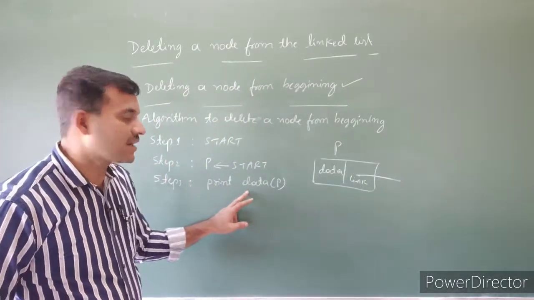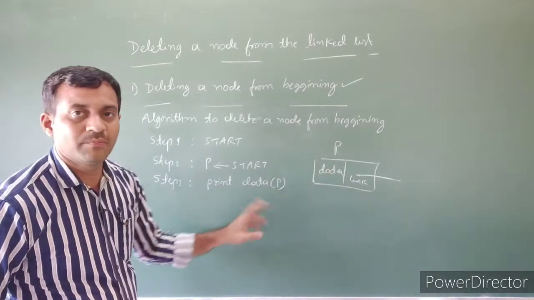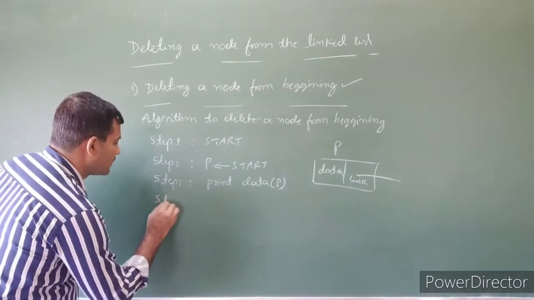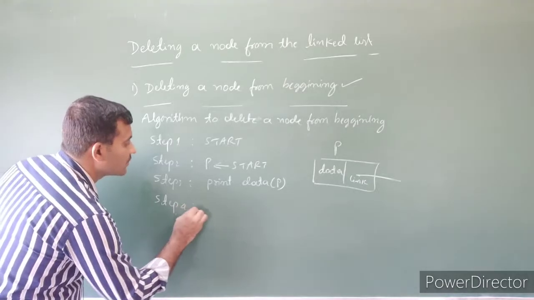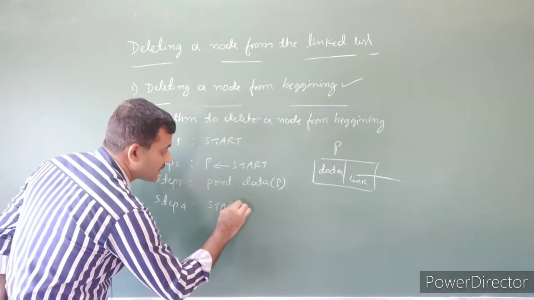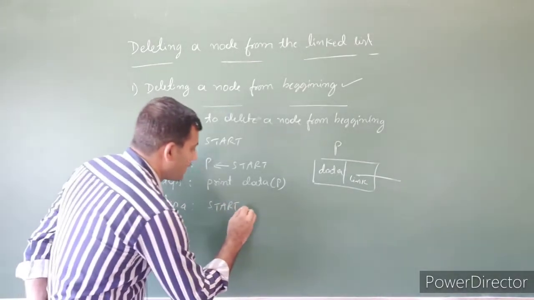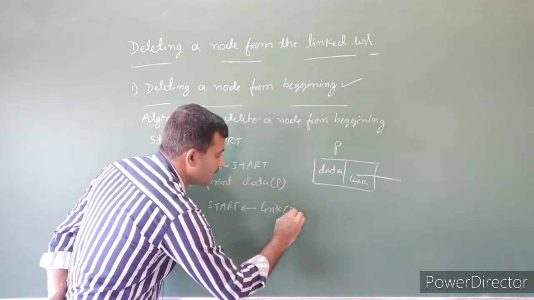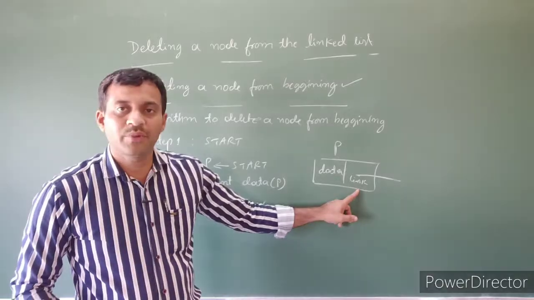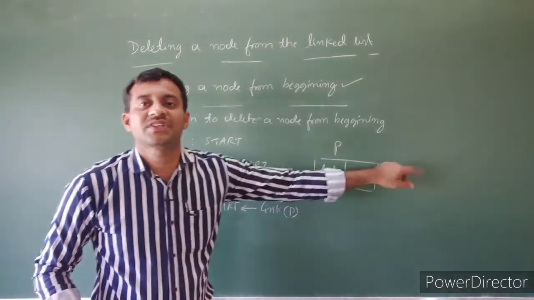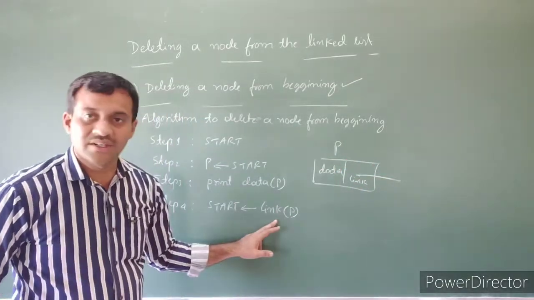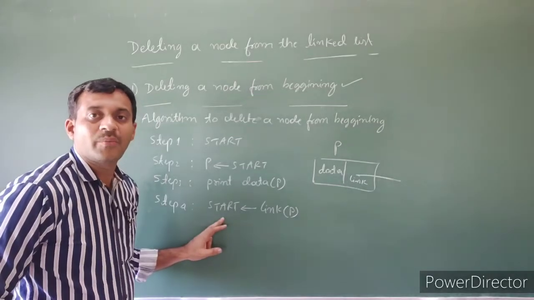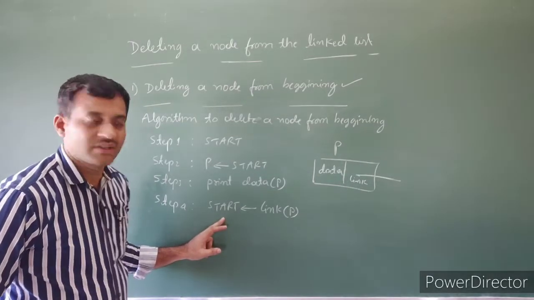Then we have to print the data part of p. Next, for the start pointer, assign the link part of p. Link part of p stores the address of the second node. That address is assigned to the pointer start.